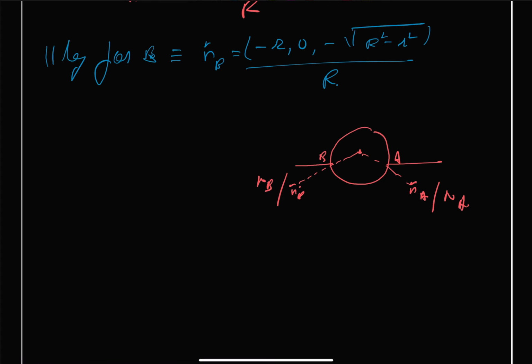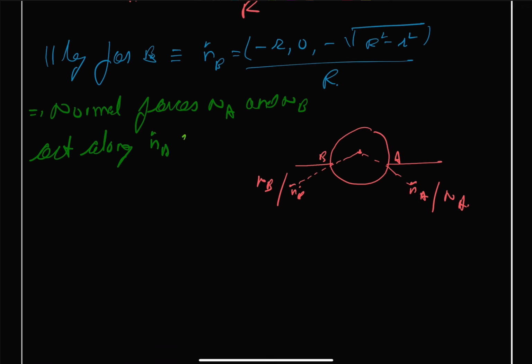We can say that our normal forces NA and NB act along the n unit A vector and n unit B vector towards the center, that is, towards O.